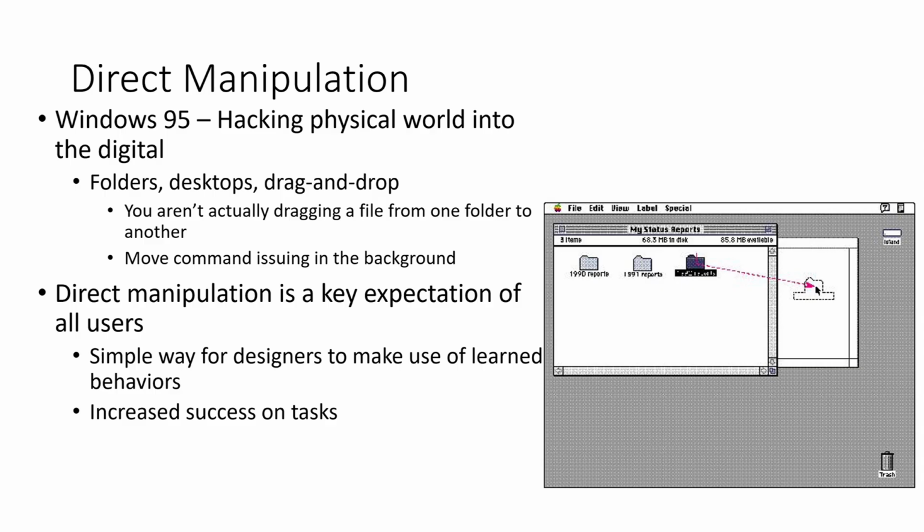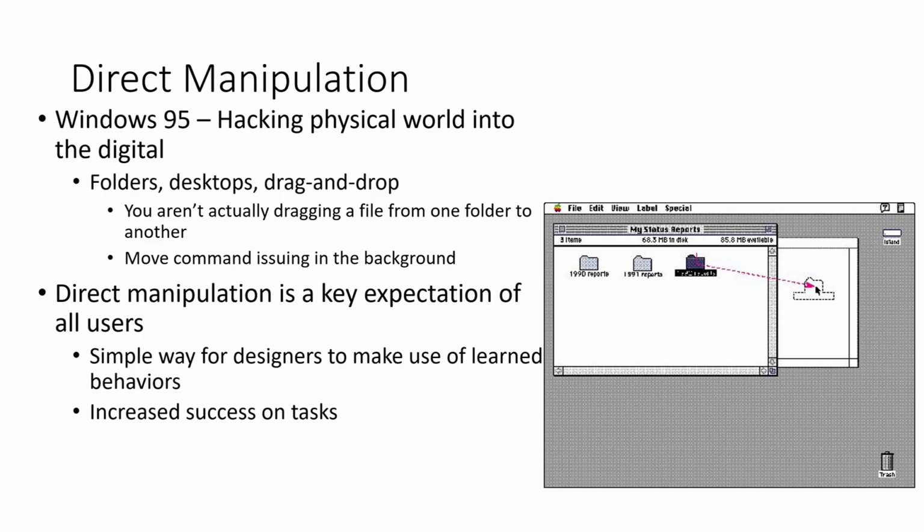When we talk about direct manipulation, we're really referring to hacking the physical world into the digital. If you look at this very old image of 95, but even modern ones, we have folders, there's a term of a desktop with stuff on it, we can drag and drop things, but what's important to remember is folders don't exist. A desktop doesn't exist.